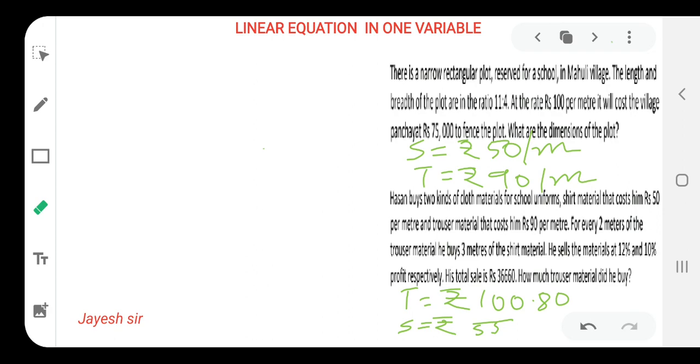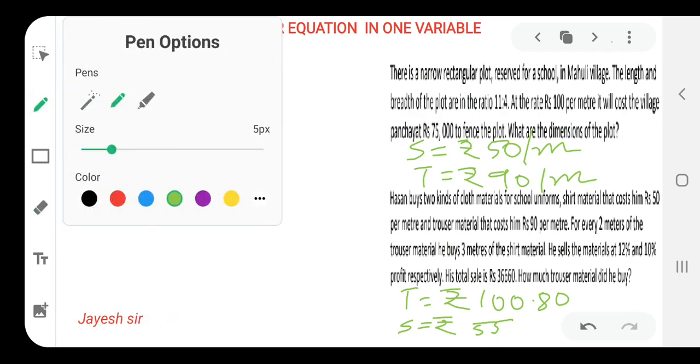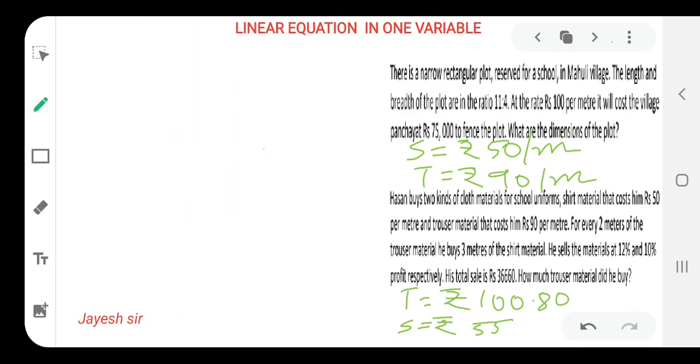So I have sold 2x meters. I don't know how many 2 meter cloths or trousers I have sold and how many 3 meter shirts I have sold, and after selling all this material I have gained 36,660. So the equation we will form over here is, what would be the equation friends?